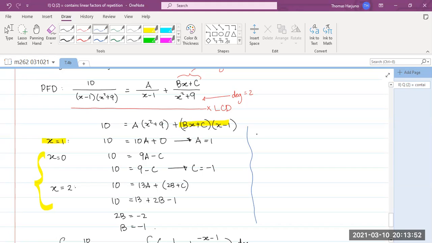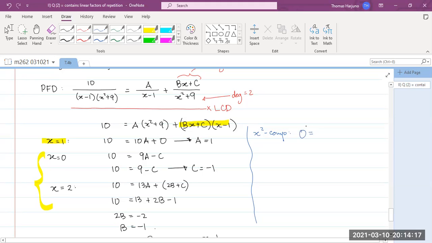Take a look at the x squared component. On the left-hand side, what is the coefficient of x squared? That's 0.